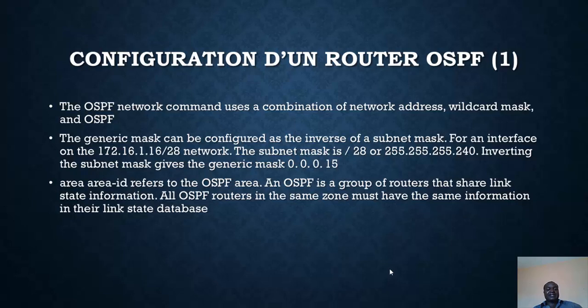For example, the subnet mask 255.255.255.240 inverted gives the wildcard mask 0.0.0.15.